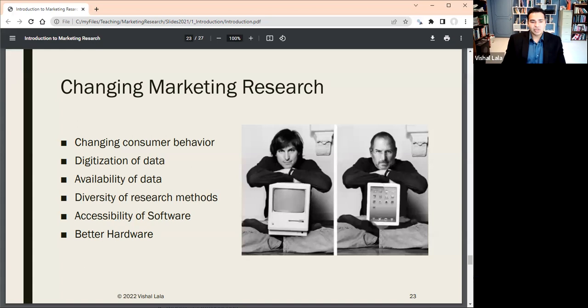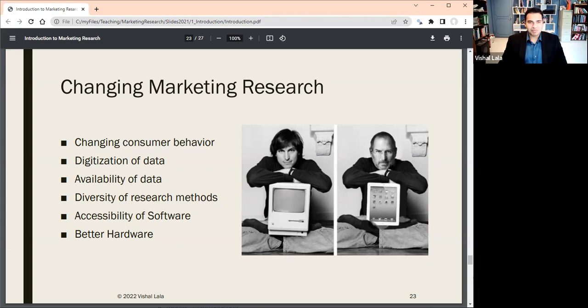We also have more software available beyond just the paid software. There are many open source software available, better hardware. Bottom line, the world of marketing research is changing at a very rapid pace, keeping up with all the other changes around us. Consequently, this course itself is constantly evolving.